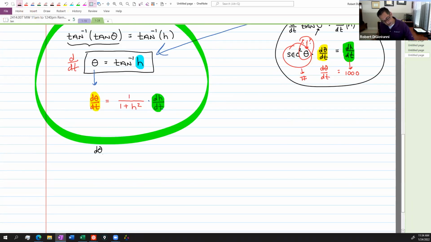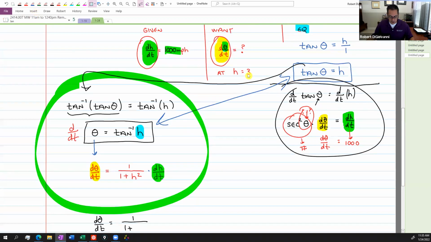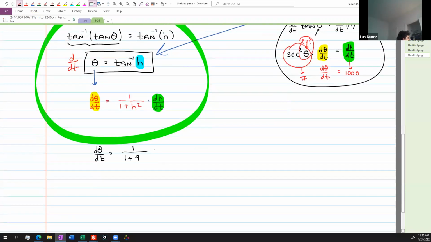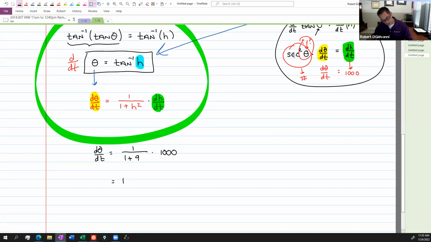dθ/dt should be equal to 1 over 1 plus, what was h? We had it written down, 3, right? So 3 squared is 9 times dh/dt is 1,000. So this should be 1/10 times 1,000. This is 100 is dθ/dt. And this is the change in angle with respect to time.